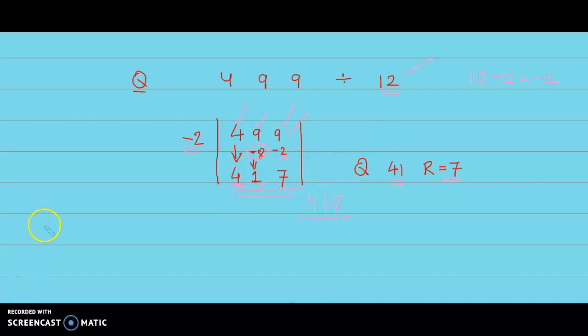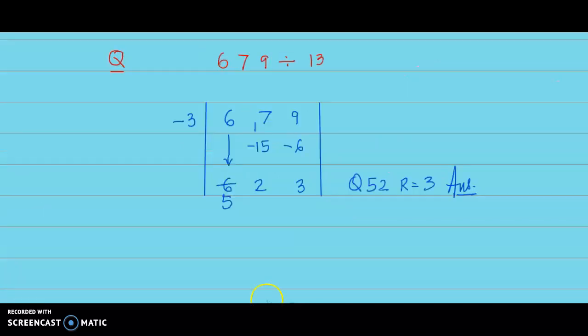Let us take a look at the next question. The second question is 679 divided by 13. So we will do the same process. We will write 679 as shown here, and here 10 minus 13 is negative 3.